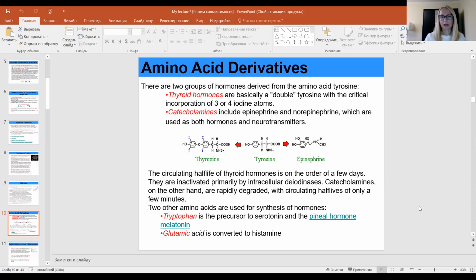Tryptophan, another amino acid derivative, is a pre-hormone for serotonin and the pineal hormone melatonin, and histamine is synthesized from glutamic acid.